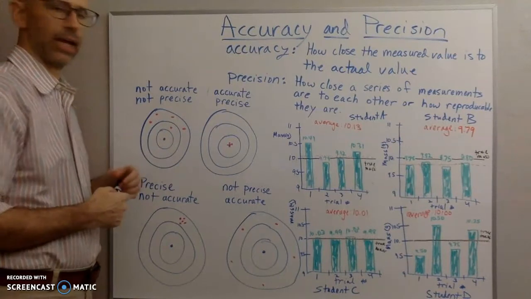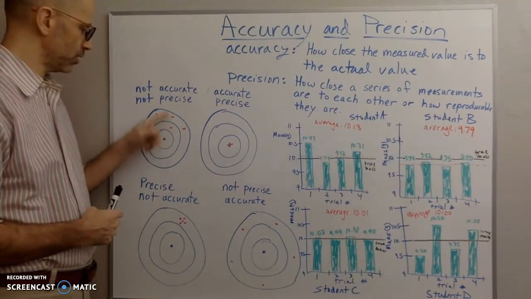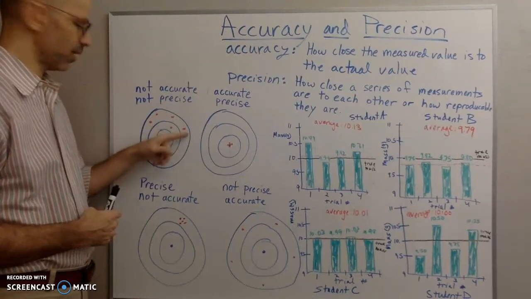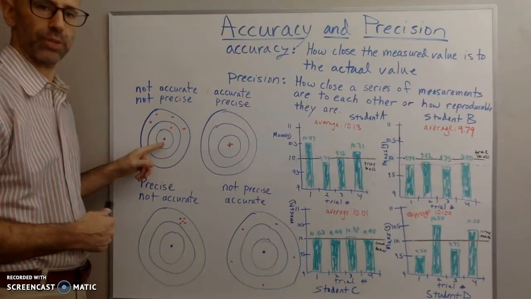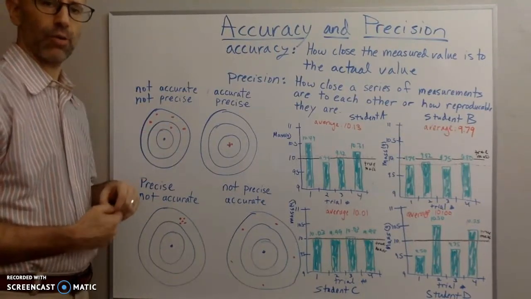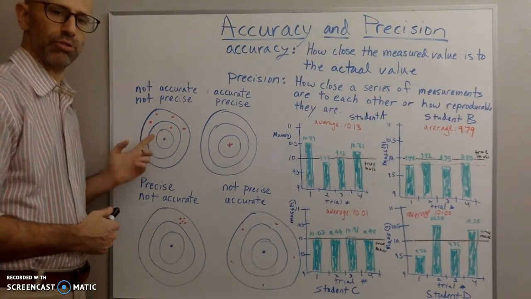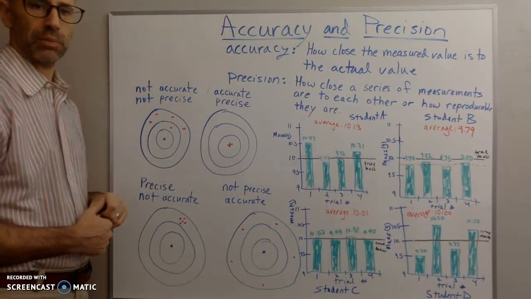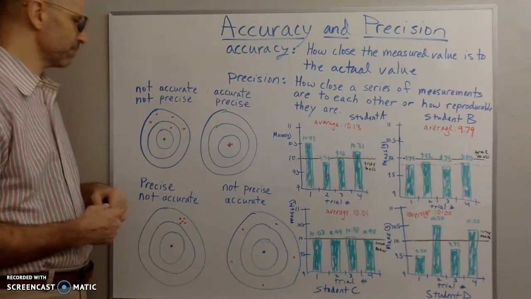Not only would the data be imprecise, but the individual data points are also far from the actual point, which is represented by the bullseye. So this would be not accurate or precise. So whatever instrument is being used in this case, it would be an imprecise and inaccurate measuring device.